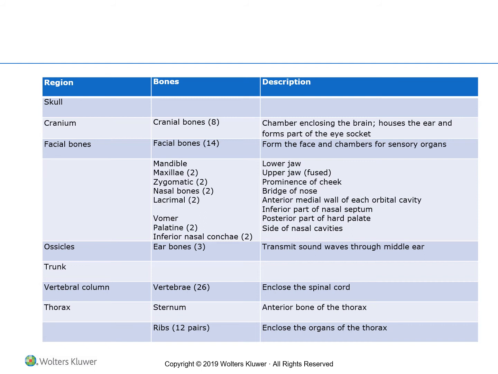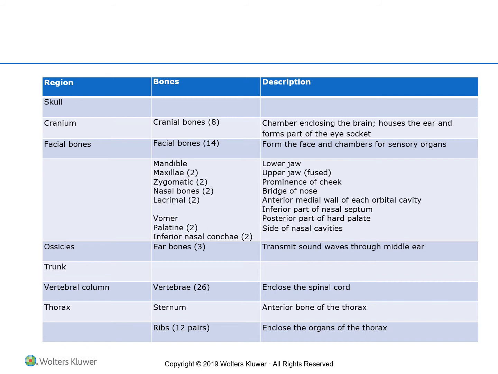We have 1 mandible, that's your lower jaw. We have maxilla, that is made up of 2 parts. It comes from right and left sides and makes up the upper jaw. We have zygomatic bones that are the prominences of your cheeks, nasal bones that make up the bridge of the nose.